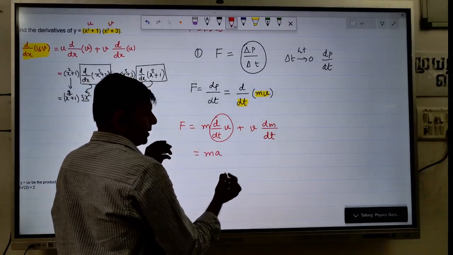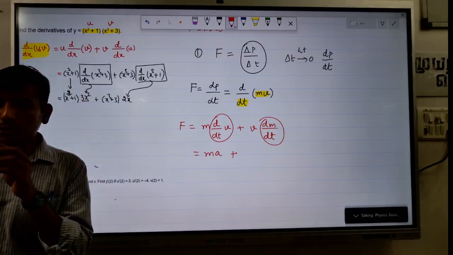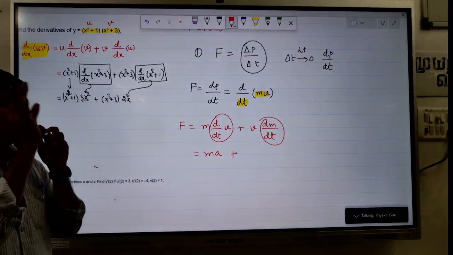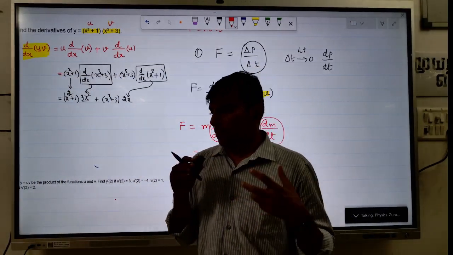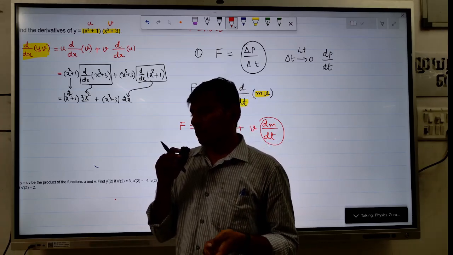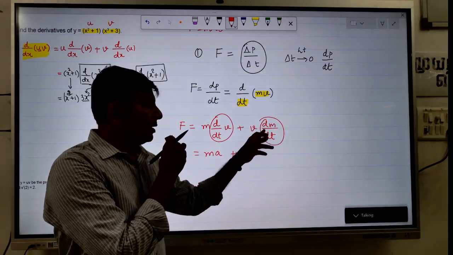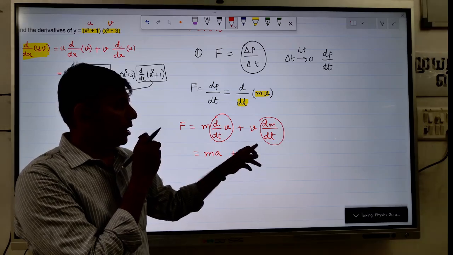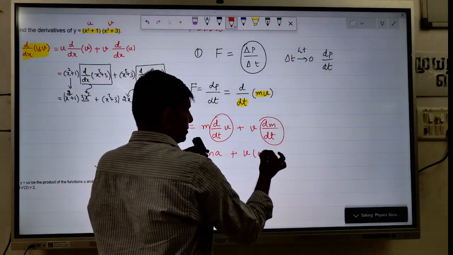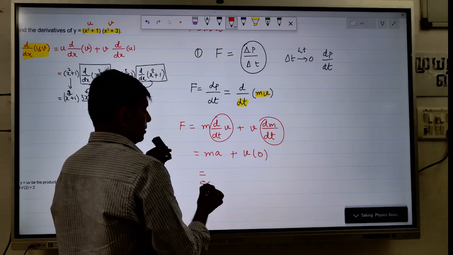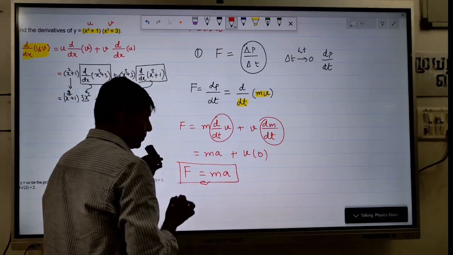So m times a, plus, this is the place where we assume that the mass remains constant. As a result, d by dt of constant mass becomes 0. So v times 0 turns out to be 0. Therefore we write F is equal to ma.